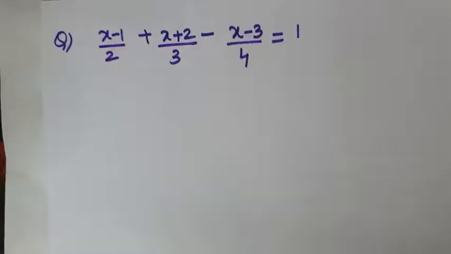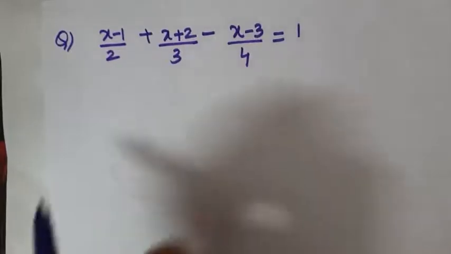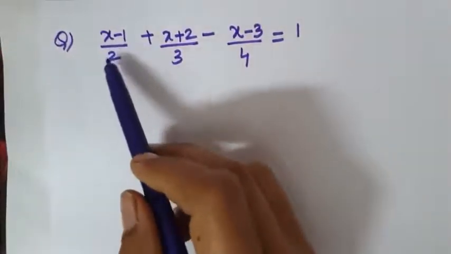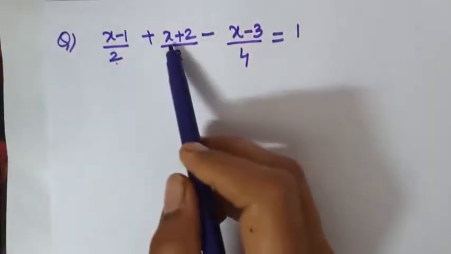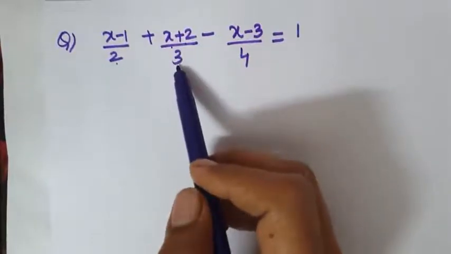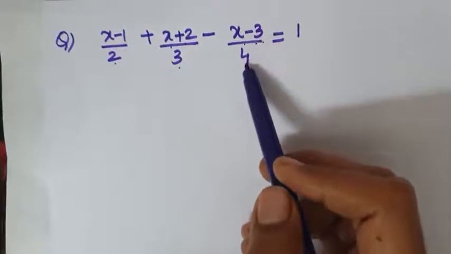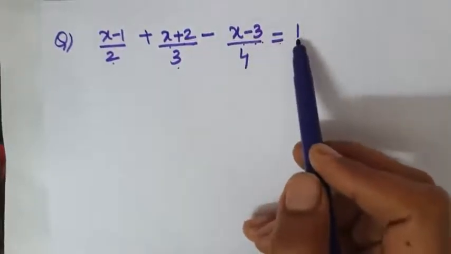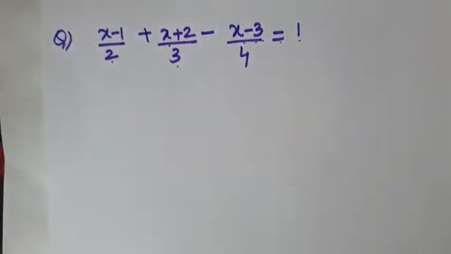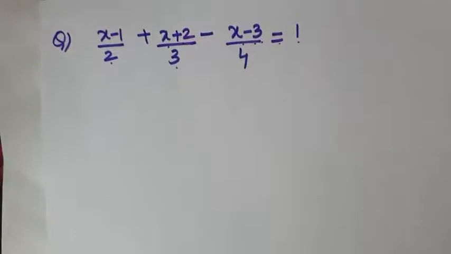Clear, children? Now the next question is (x minus 1) upon 2 plus (x plus 2) upon 3 minus (x minus 3) upon 4 is equals to 1. Students, one thing I am going to tell you, listen to it very carefully.